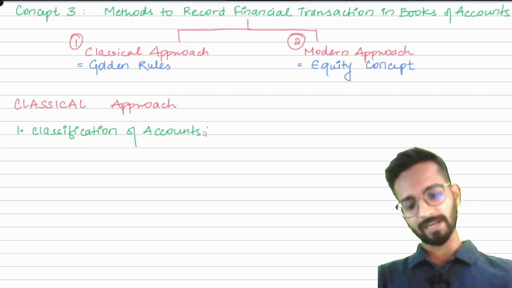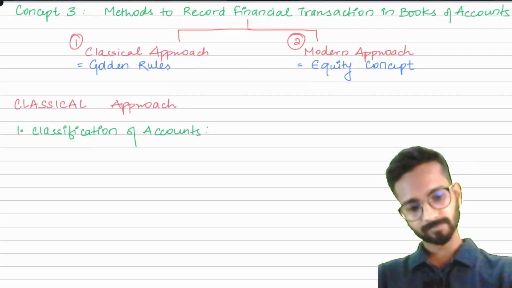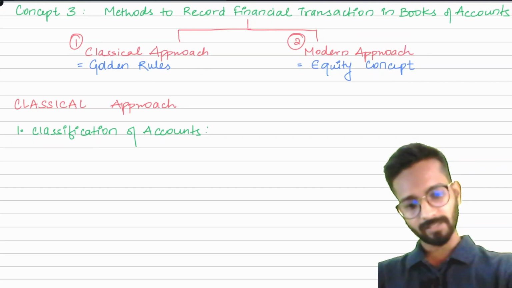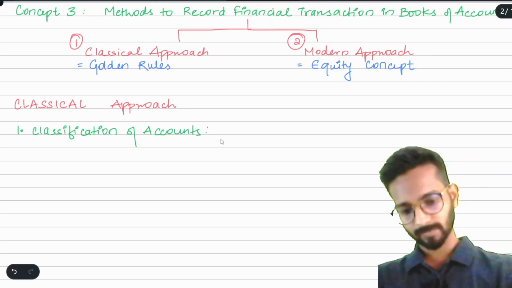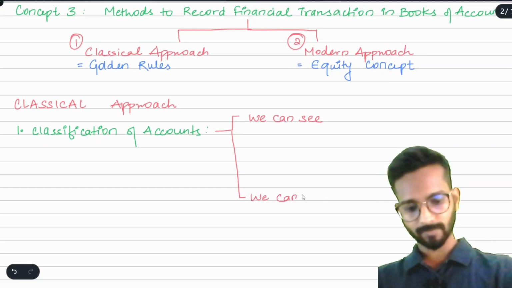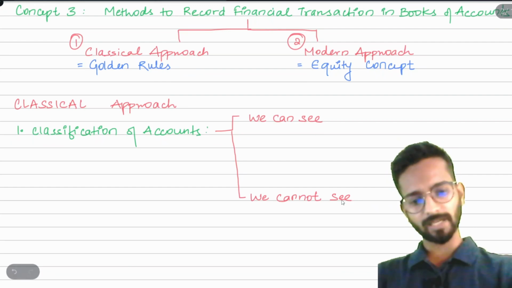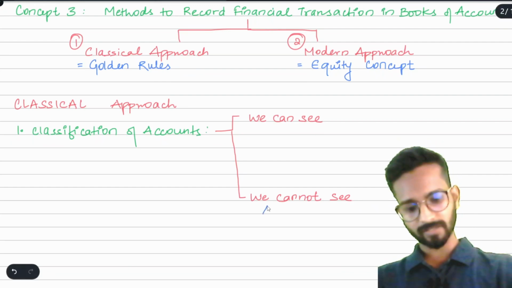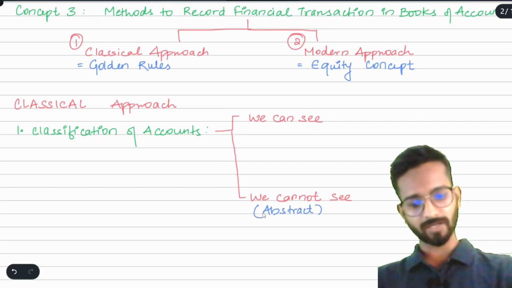Simple enough. So, if I write here that the classification is things which we can see and things which we cannot see. When I am talking about things which we cannot see, I can also say that they are abstract. You cannot see the abstract, obviously.